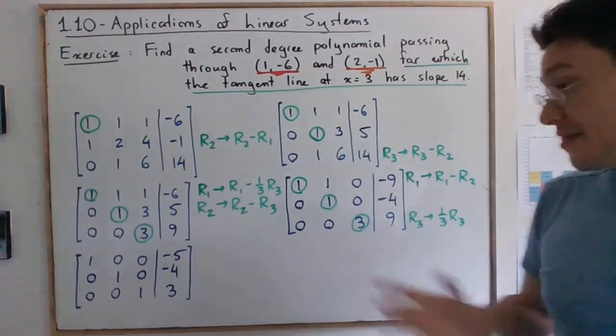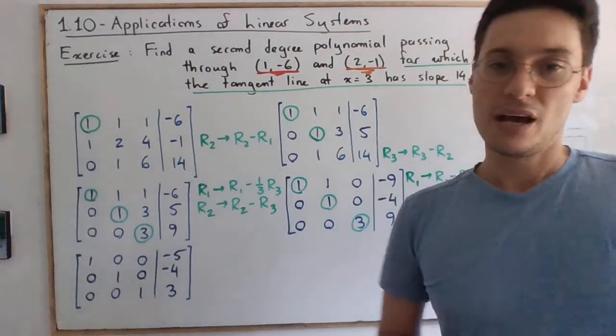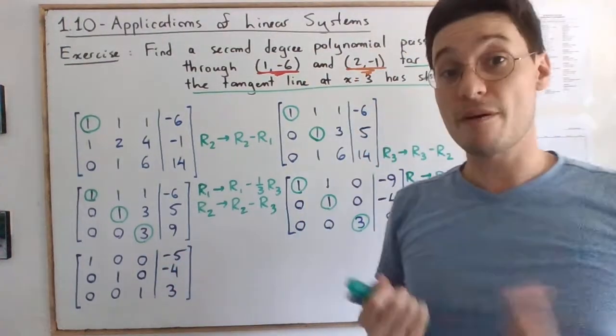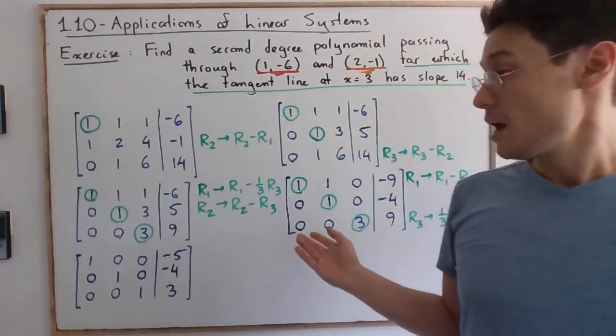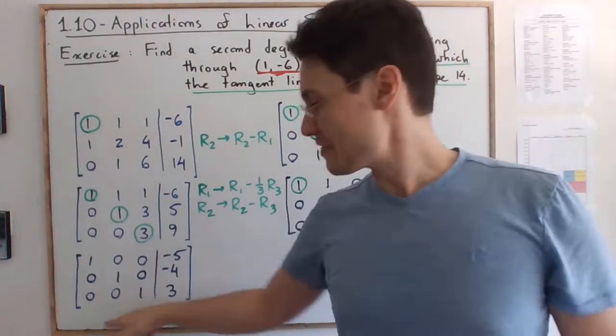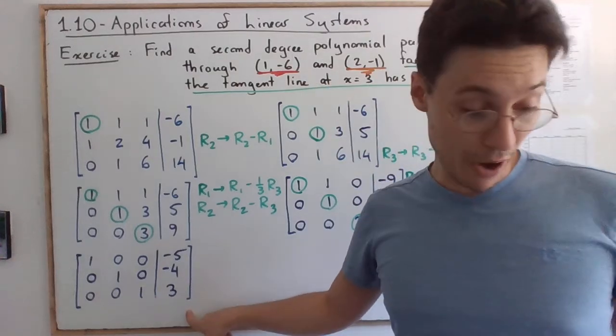All right, this is our solution, but keep in mind that we're in the context of a polynomial, and what we actually found were the coefficients. I don't have enough space to write them on the top, so I will write them at the bottom.